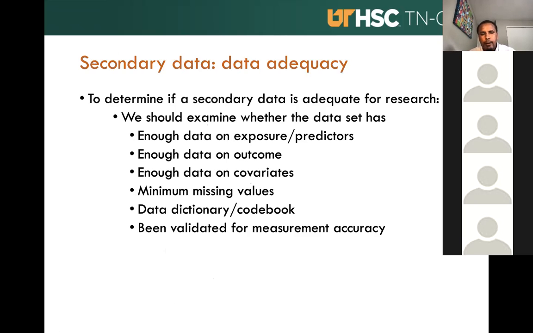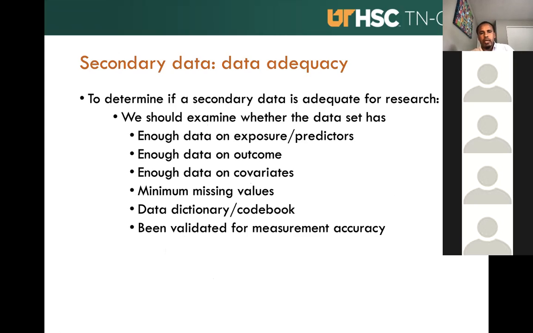So that's it for the discussion on examples of sources of secondary data. Now let's look at how we can say whether secondary data sources are adequate or sufficient for research.